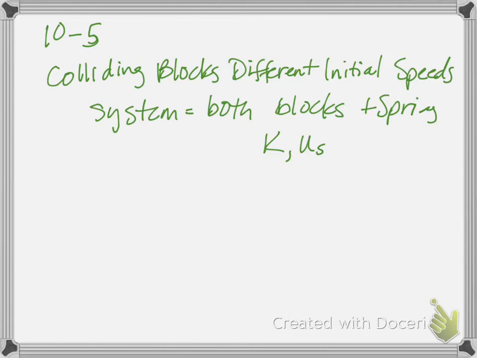Okay, part A. Indicate whether the linear momentum of the two-block spring system is constant or not during the interval from time t1 to immediately before t2. So during this interval, block A is moving. There really isn't even a collision yet.